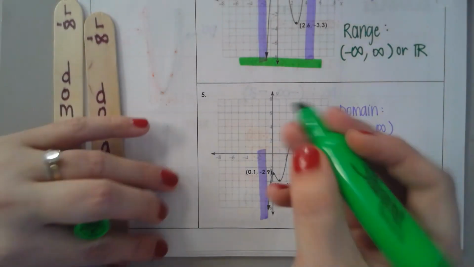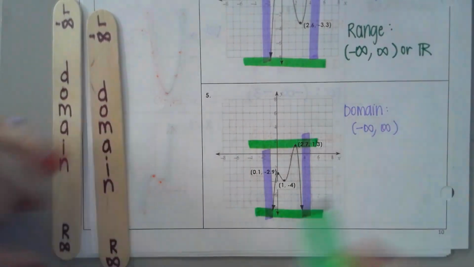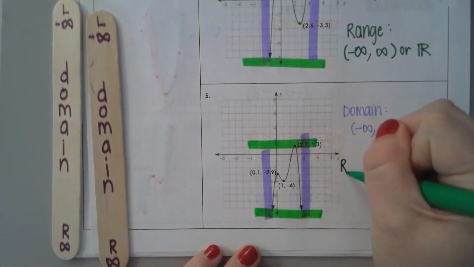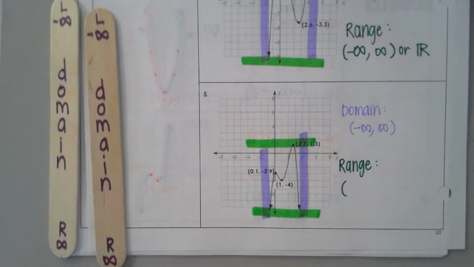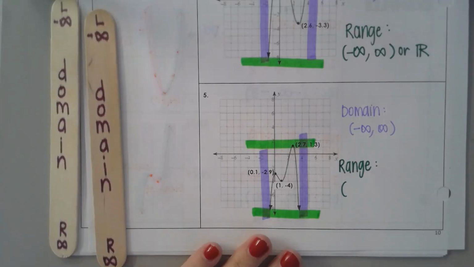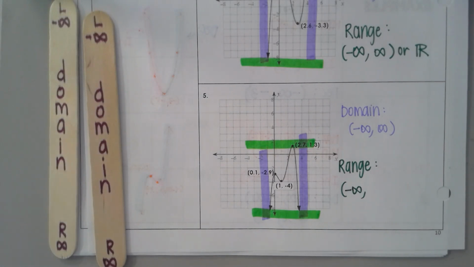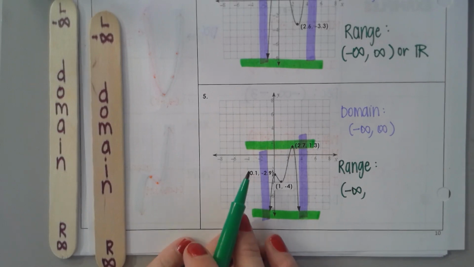Now the top and the bottom, my range, are looking a little different. So for the range, we start at the bottom. What's at the bottom? There's arrows at the bottom. So we always put negative infinity when there's arrows. But the top, do I have an arrow at the top?